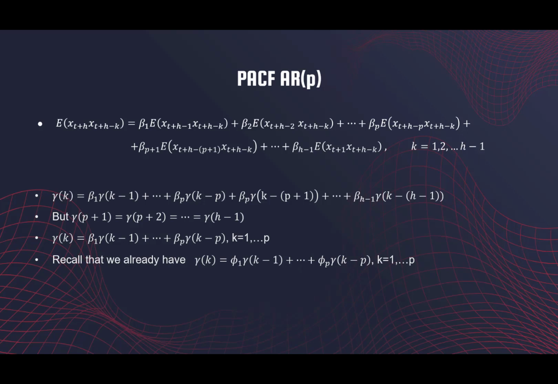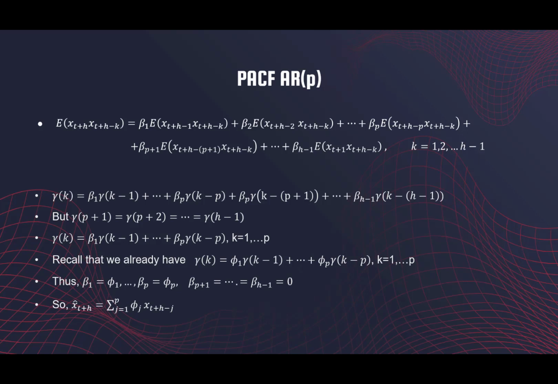Recall from the previous slide that the phi's satisfy this equation, right? We want to find betas that satisfy this equation, but we already know that phi satisfy this equation. So basically, beta 1 is phi 1, and so on till beta p is equal to phi p. That's what we get.